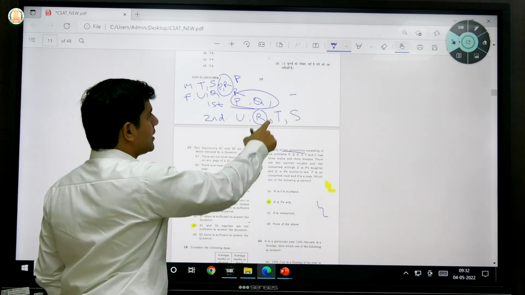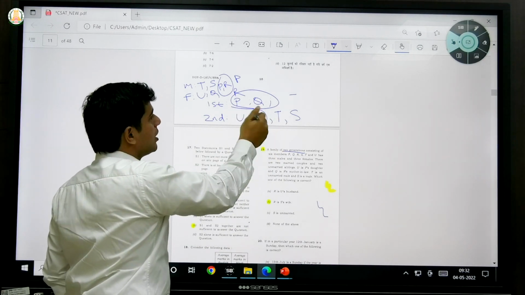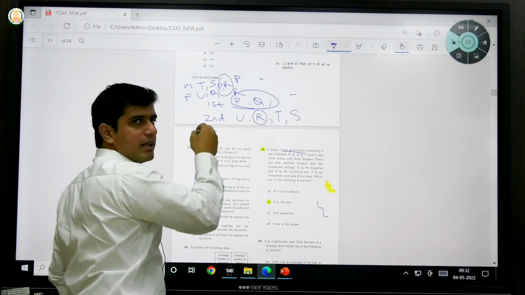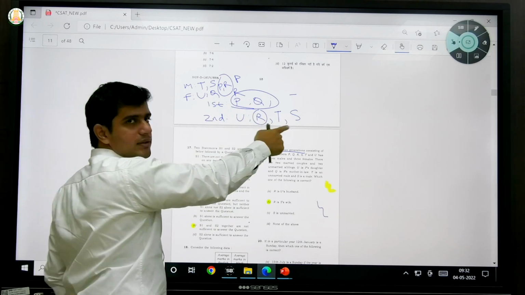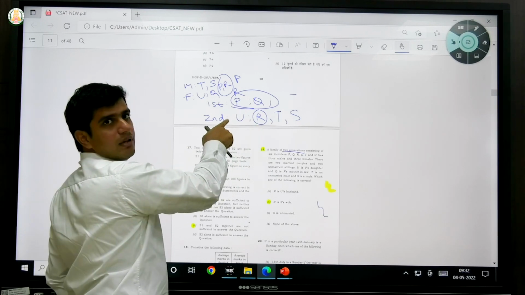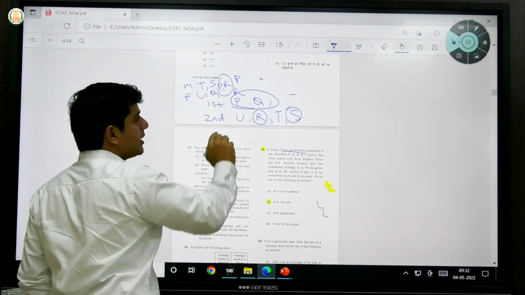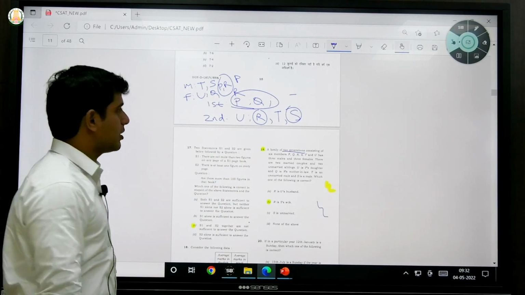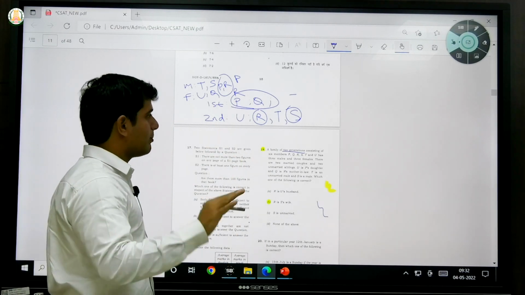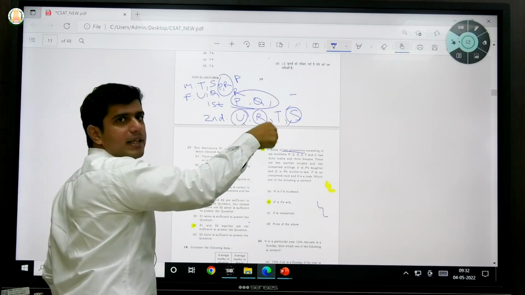We know T and R are siblings, so they can't be married couples. So R must be in a relationship with either U or S. And we know R is a female, so it can't be with a female. So R and S are a couple, and T and U are the unmarried siblings. Or else U and S must be the married couple, and R and T are the unmarried siblings.